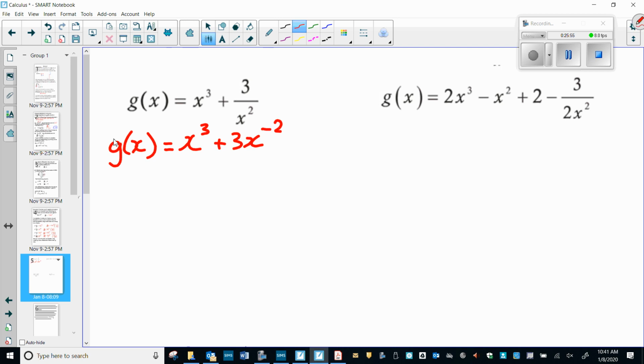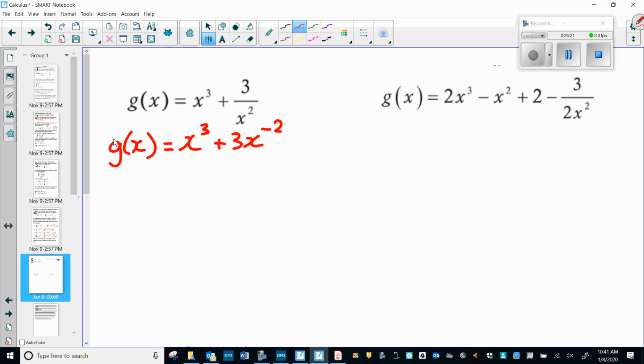I've seen too many times people will differentiate this part and rewrite this part and then differentiate everything again. So don't get yourself mixed up. Look at your question. Does anything need rewriting? Yes, so I've done that. Then go on and differentiate it. Don't mix up the processes because you're just going to get yourself really mixed up.